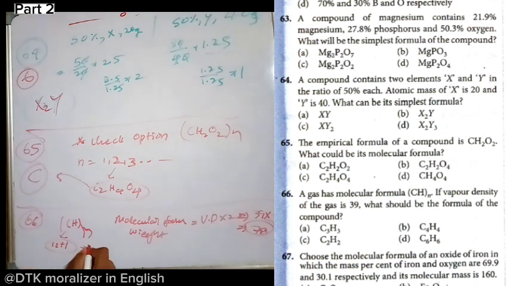Now CHN, which is equal to 13n, equals 78. So here n comes out as 6. So here C6H6N6 is the molecular formula. So option D is right.